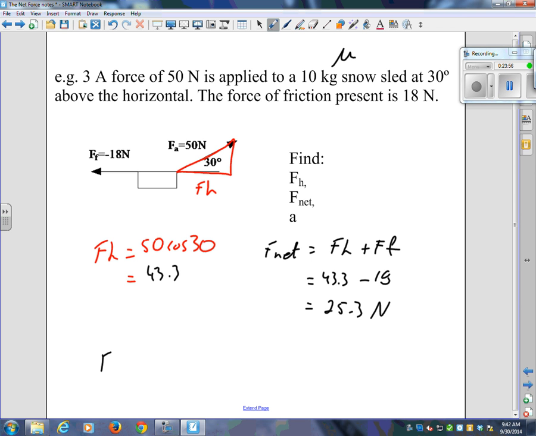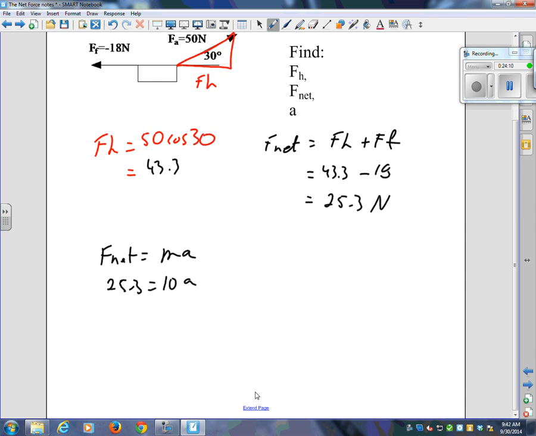And find the net force, which we did. Find the acceleration. I always like it when the thing weighs 10 kilograms because I don't need to calculate it.